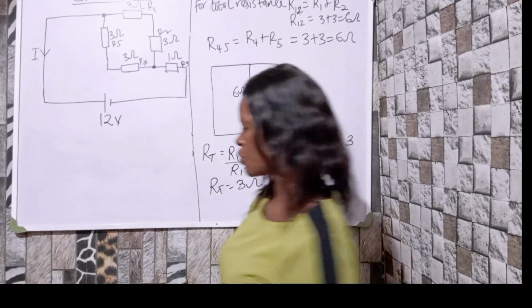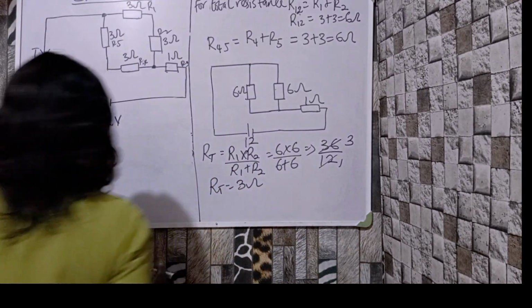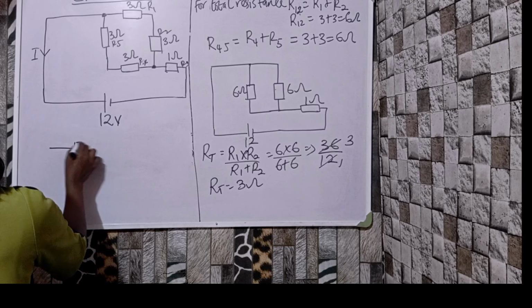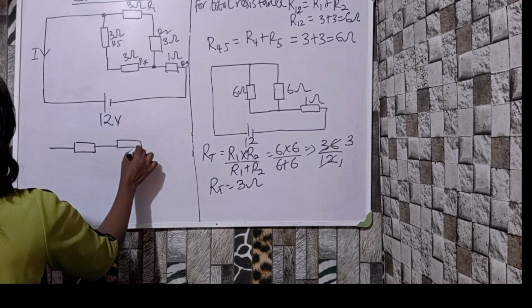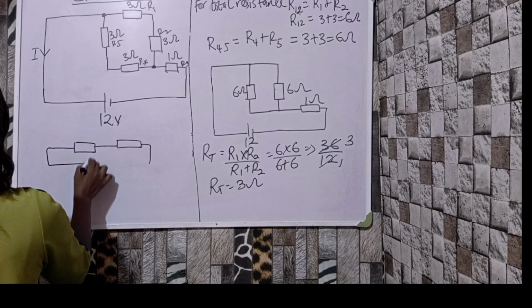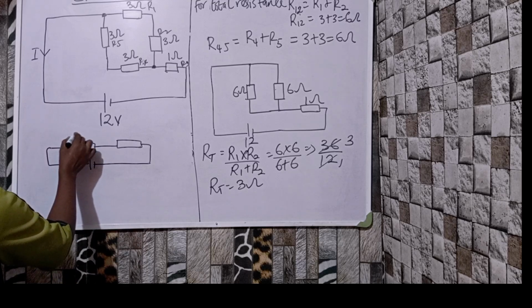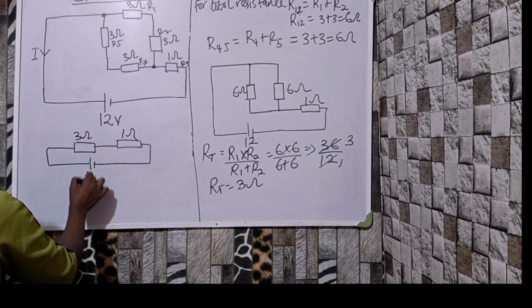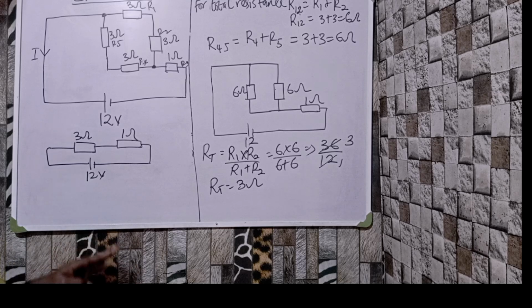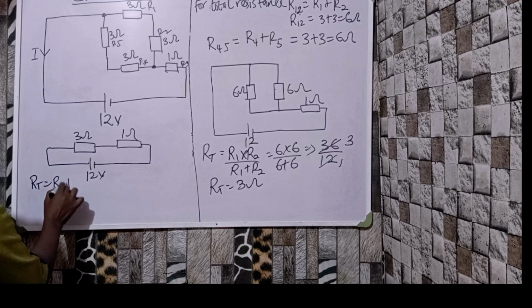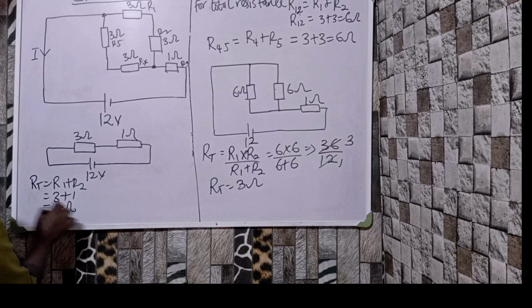Okay? Alright. So let's get the total current, the total resistance. The diagram will still change to be, we have this and this, okay, connected across 12 volt PD. So this is 3 ohm, 1 ohm connected across 12 volts. So the final effective overall resistance here is what? RT is equal to R1 plus R2, that is 3 plus 1, which is going to give me 4 ohms.